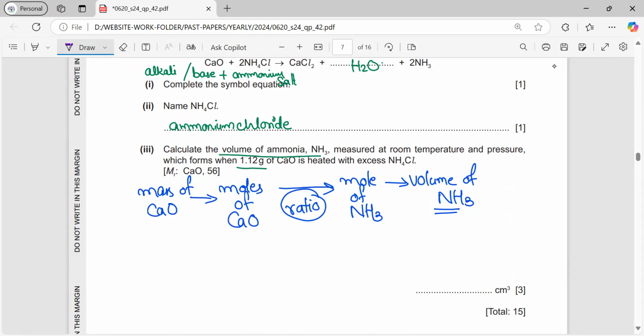Moles is equal to mass over molar mass. The mass of calcium oxide is 1.12 and the molar mass of calcium oxide is 56, which gives us the value 0.02 moles.